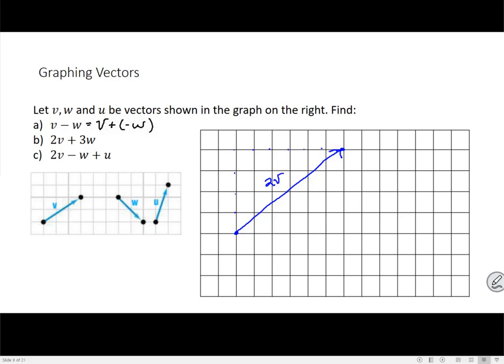Okay, now to get to the vector 3w, it gets a very similar treatment, except now instead of going 2 units down and 2 to the right, I'm going to go 6 units down and 6 to the right, since I'm scaling w by 3. So 1, 2, 3, 4, 5, 6, 1, 2, 3, 4, 5, 6, and there ends up being my terminal point of 3w.